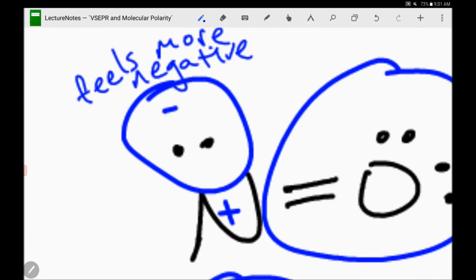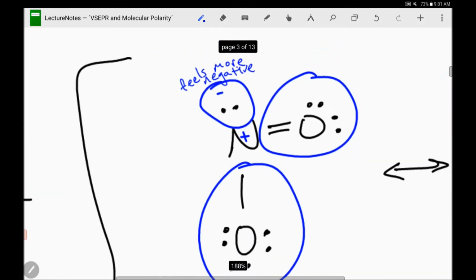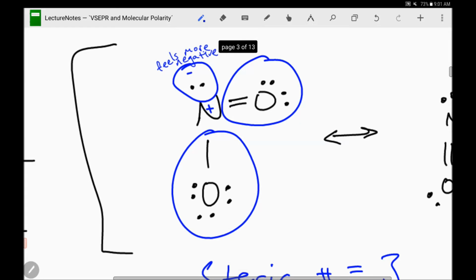It's going to have a stronger repulsive force because there's no nucleus on the other side of it. What that's going to do is push these things away from it more, causing them to become closer together.